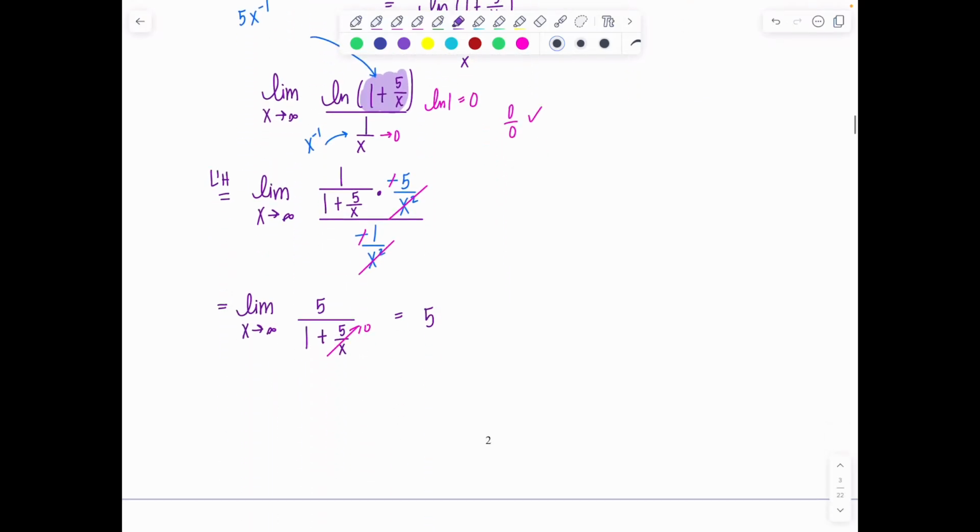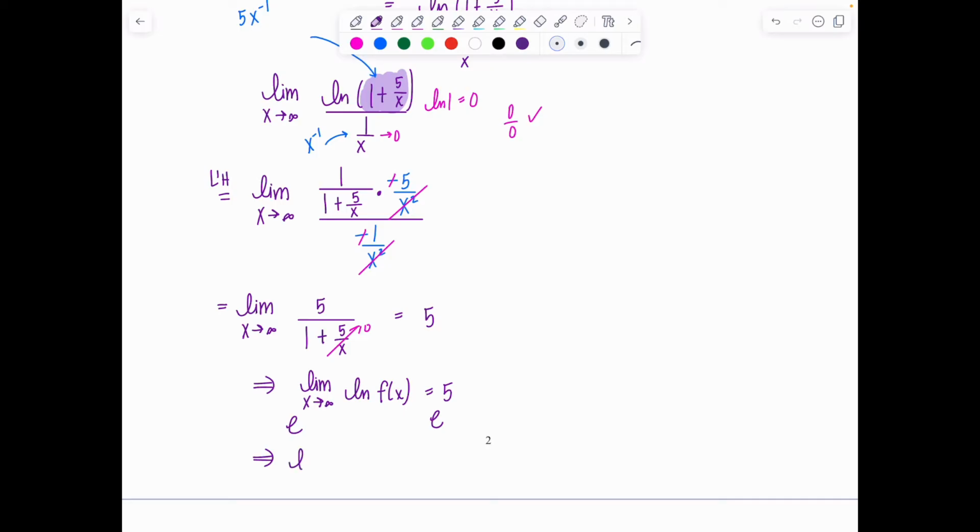So let's summarize that so we can answer the question. This means the limit as x approaches infinity of the natural log of f of x was equal to 5. But we added that natural log, right? That was not there in the original problem. So how do I get rid of it? Well, I can just say e raised to both sides and then clean that up.